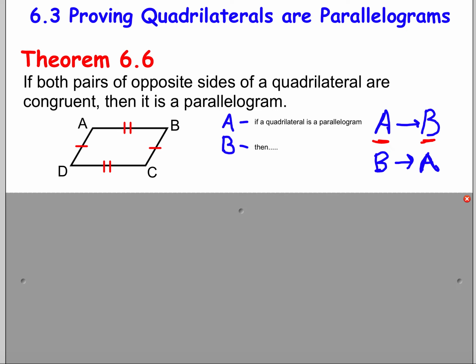But we're also learning that they are true in both directions. So as you can see here, theorem 6.6 says this. If both pairs of opposite sides of a quadrilateral are congruent, then we know it's a parallelogram.